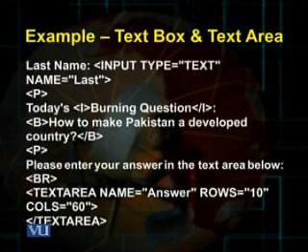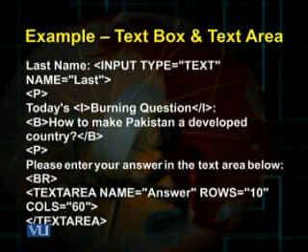Then after a paragraph tag, I write, please enter your answer in the text area below. A break tag which would provide a line break, and after that there is the textarea tag, name equal answer. You should recall that this name means the field name here. This information is for the server side. Then using the rows attribute, I create row-wise the size of this text area.